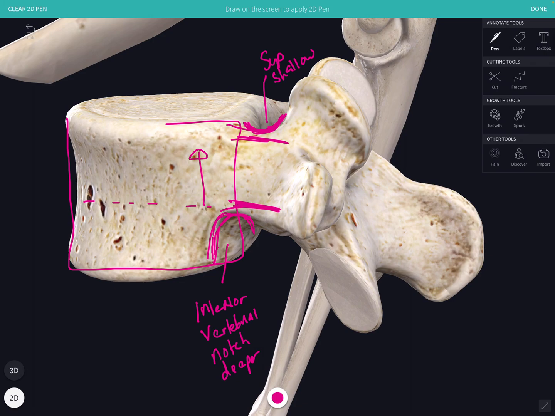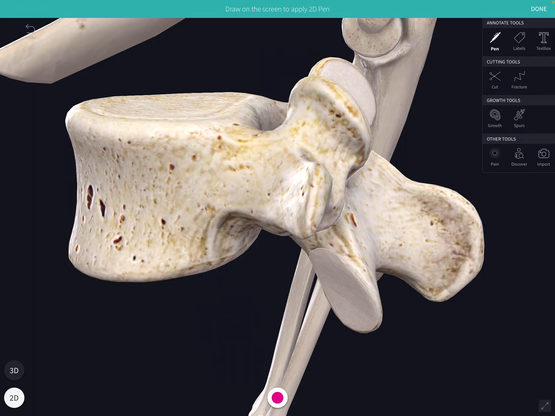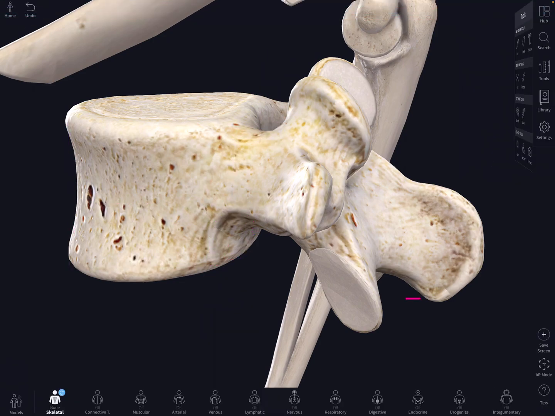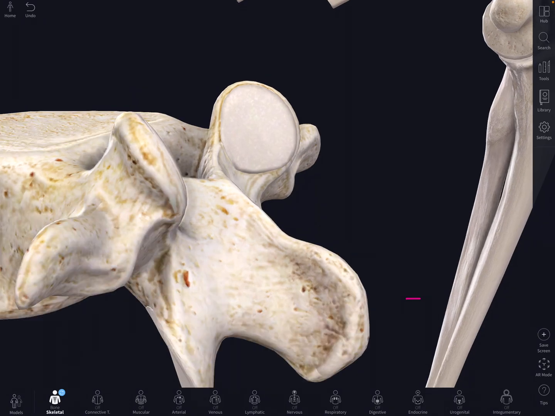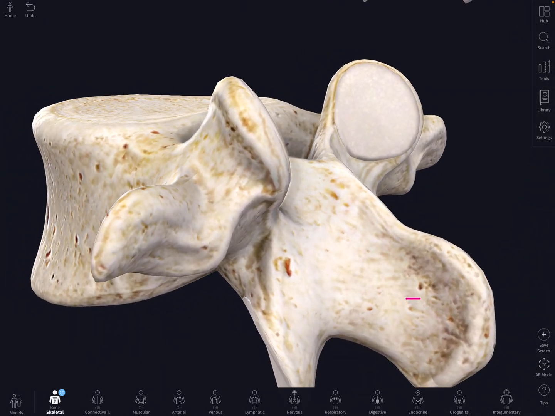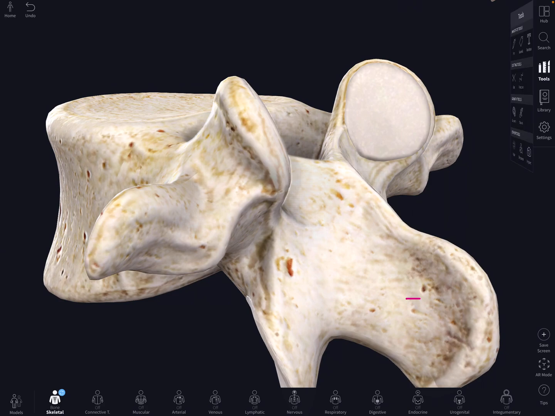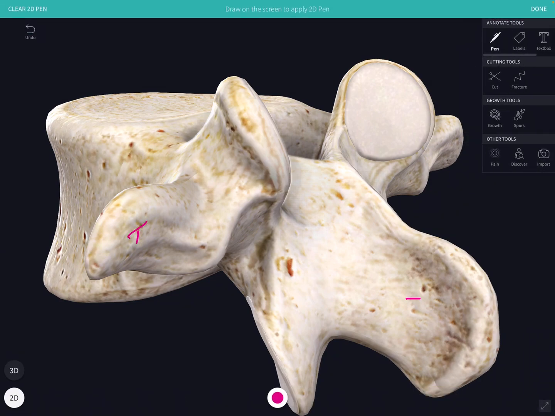So, let's think of the transverse processes. If we just clear that a moment and rotate the image, here's the transverse process. They are thin and they're directed backwards and laterally.